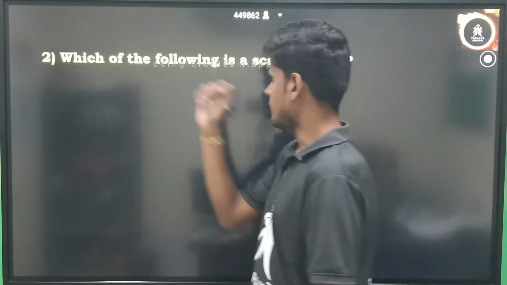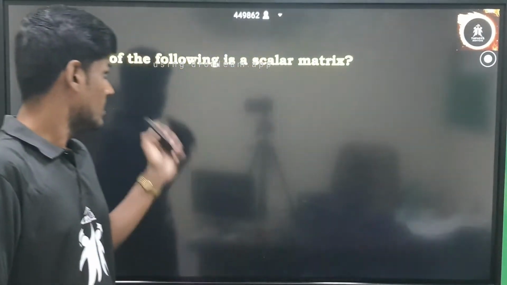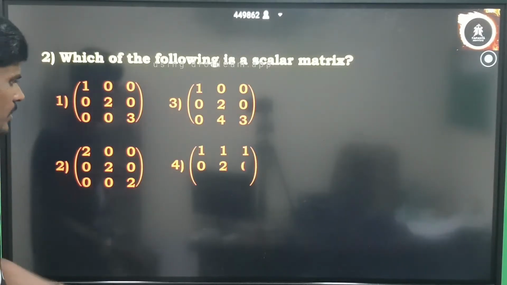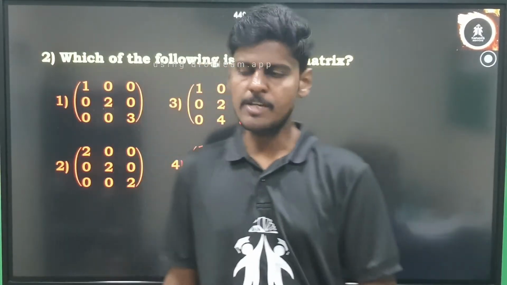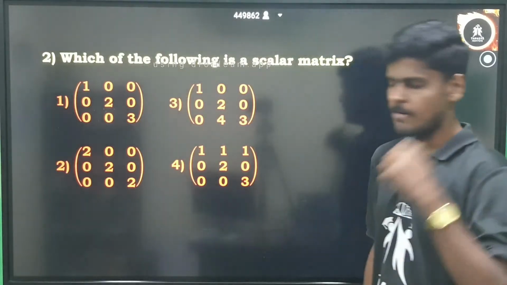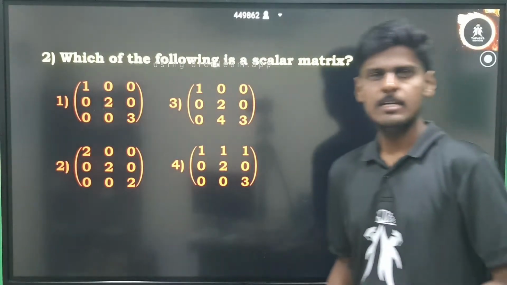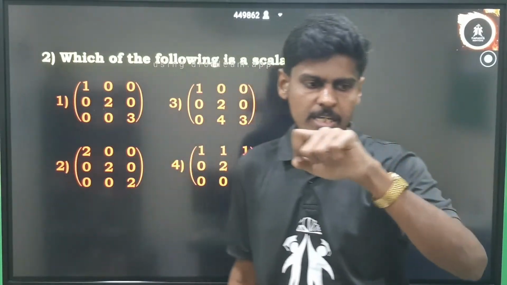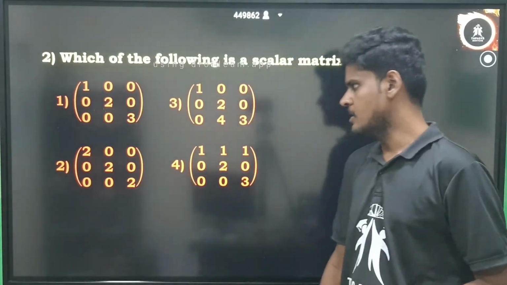Next question. Which of the following is a scalar matrix? Again we have 4 options. What is the condition for a scalar matrix? A scalar matrix is a diagonal matrix and the diagonal elements are all the same non-zero number.